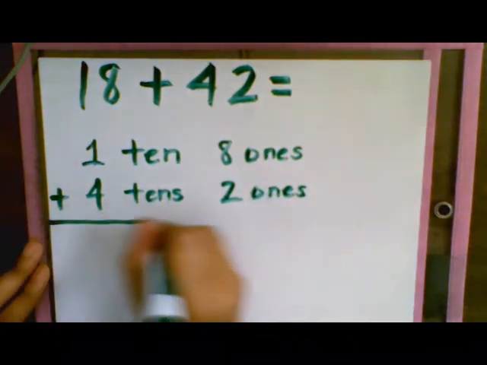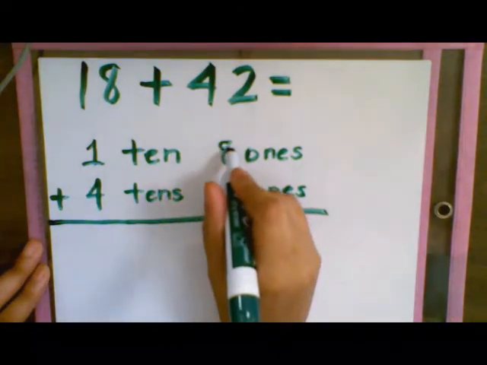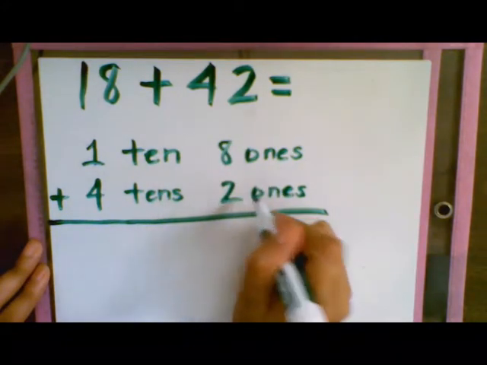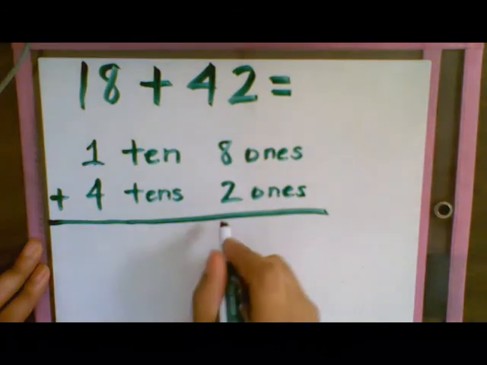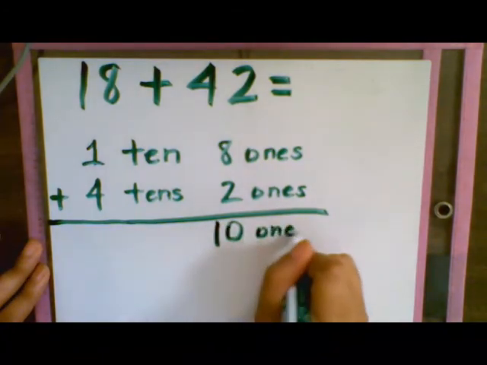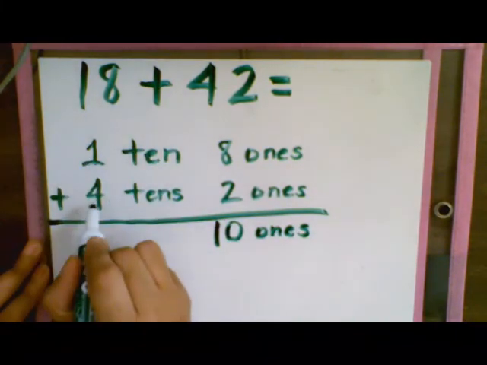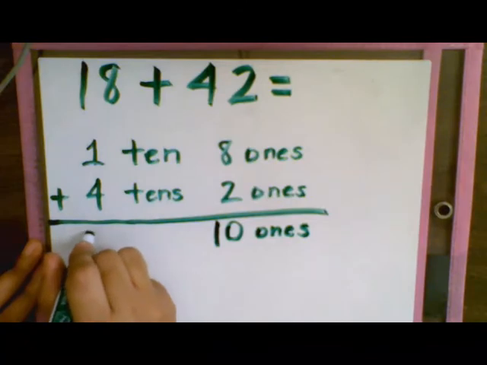And we are going to add these together. And if we add our 8 ones to our 2 ones, we would have 10 ones because 8 plus 2 is 10. So I'm going to write 10 ones. And now if we add our tens together, I would have 1 ten plus 4 tens equals 5 tens.